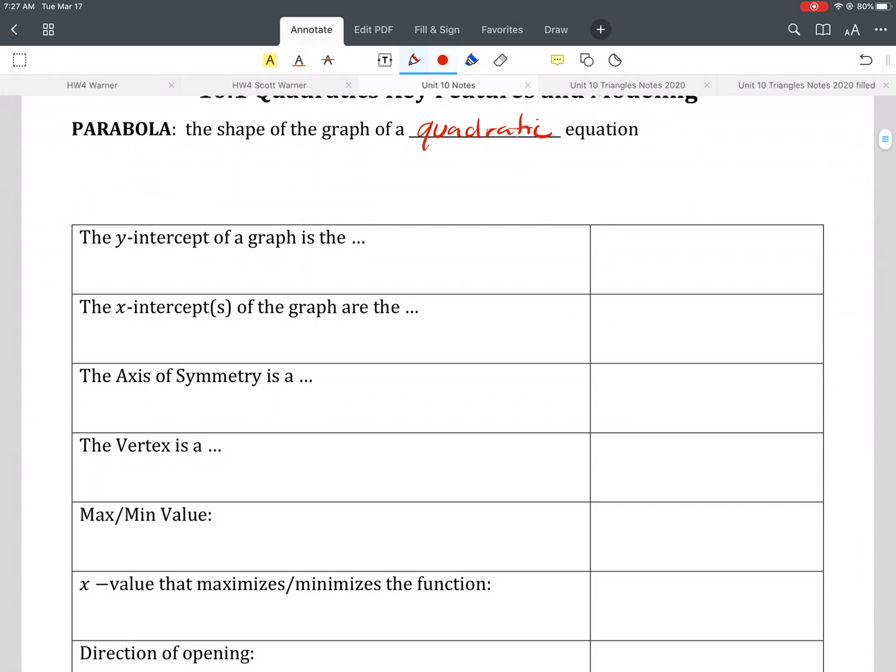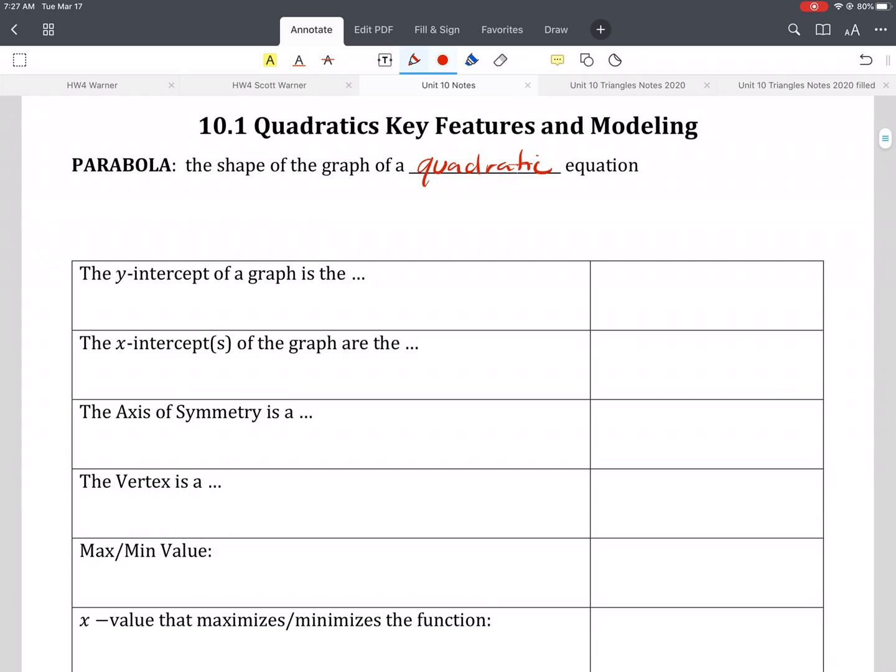Again, the equation for a quadratic is y equals ax squared plus bx plus c. So everything we've been doing beforehand, we didn't have an equation. We just had an expression, a quadratic expression, which means we didn't have a y equals.